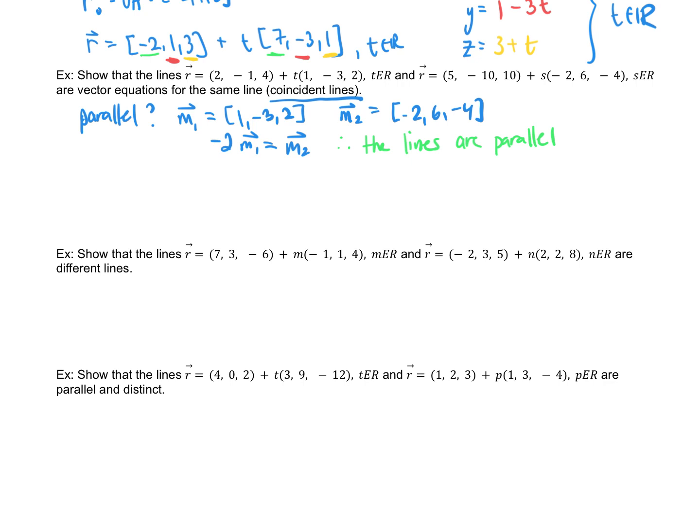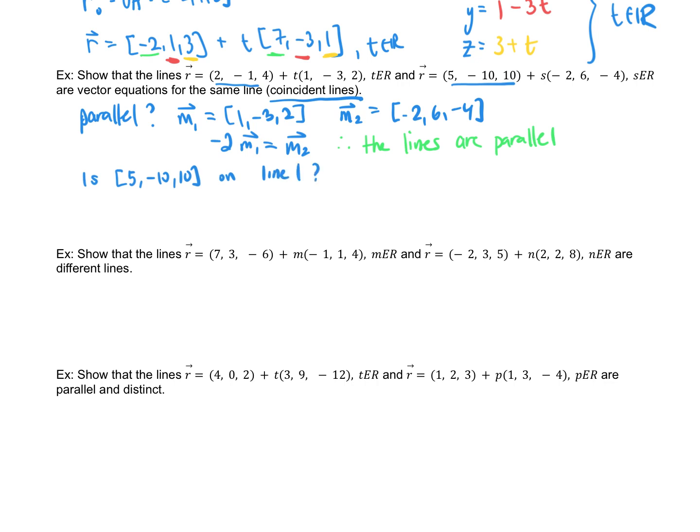Because the minute they share one point, they must share every point if they are in fact parallel. So I can pick either one of these points and prove that they're on the other line. So I'm going to see, is 5, negative 10, 10 on line 1.